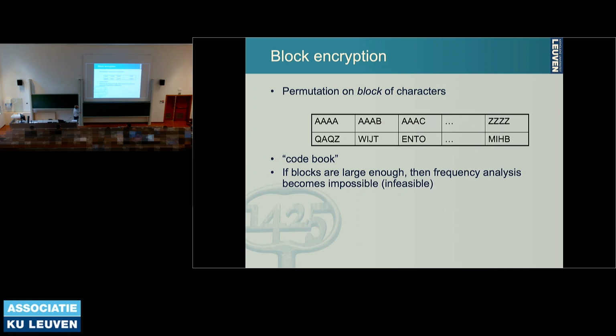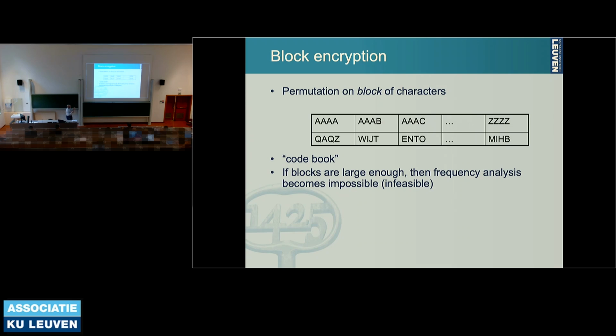Then, again in principle, you define a table where the top row is all the possible values for the 4 character blocks, and then you define a random reordering, a random permutation, and that's the blocks at the bottom. That's your secret key, and you replace block by block now. This is actually what's called a code book.